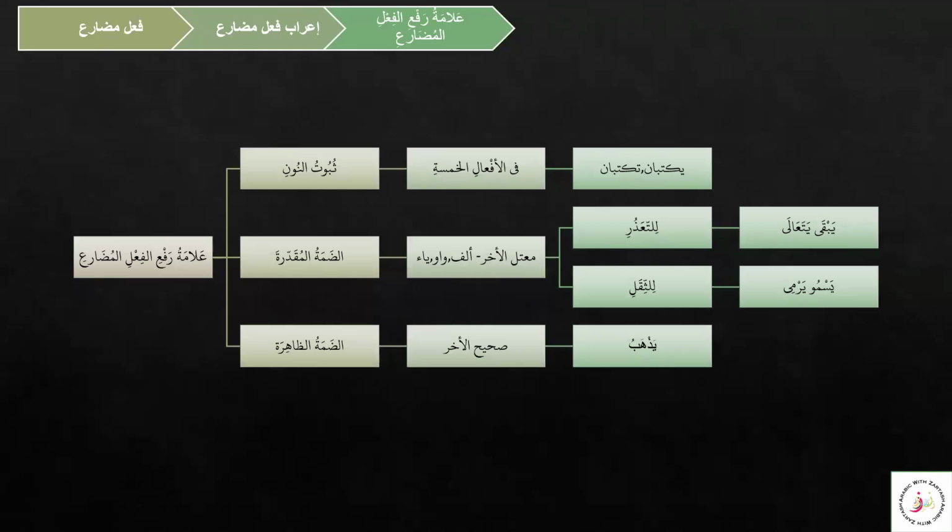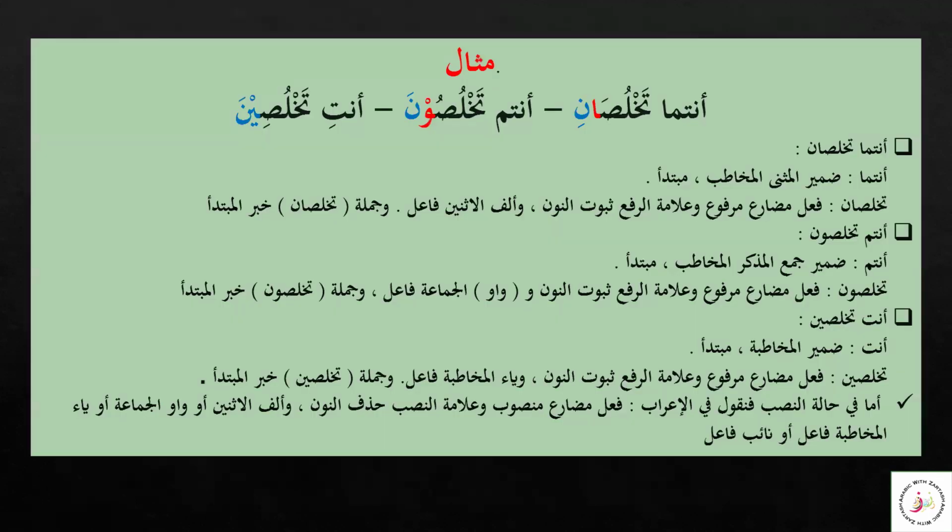We were doing this flowchart last time. This is just the breakdown of all the alama for the rafa state, or the marfu state, of fi'l mudari. We learned about dhamma and subutun noon. Dhamma can be zahira and muqaddara, and subutun noon can be seen in afal al-khamsa. In the case of afal al-khamsa, which can be dual, plural, or second person feminine, it ends with the letter noon, that is the nunul arab.